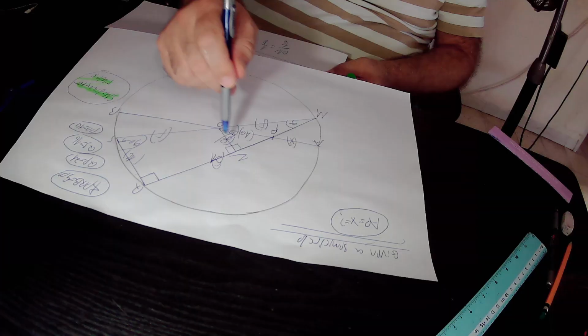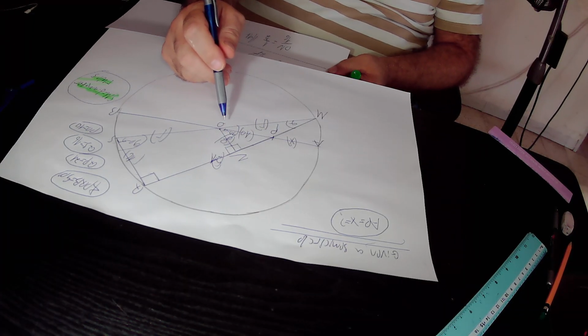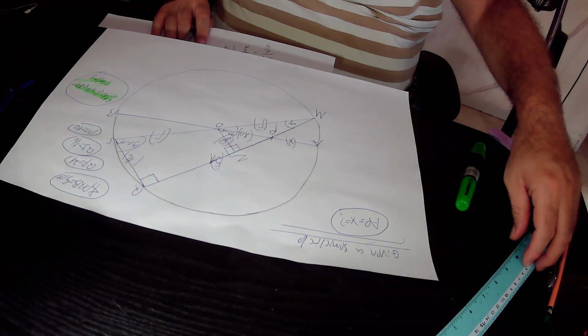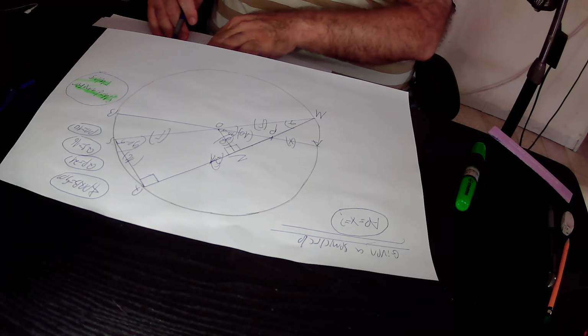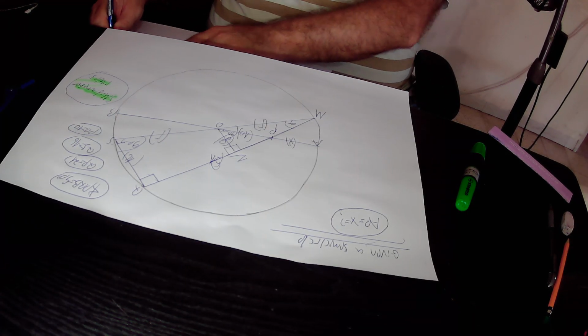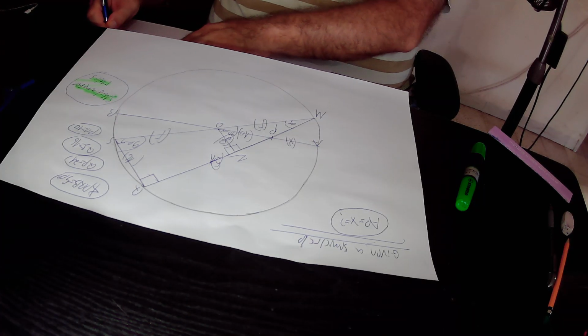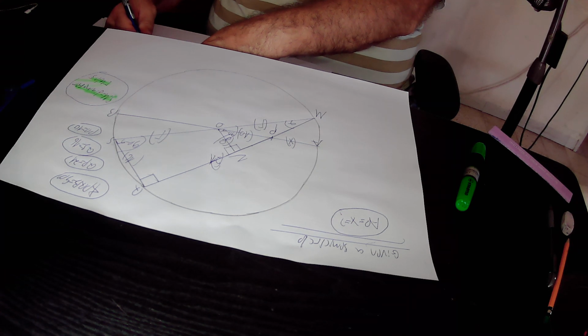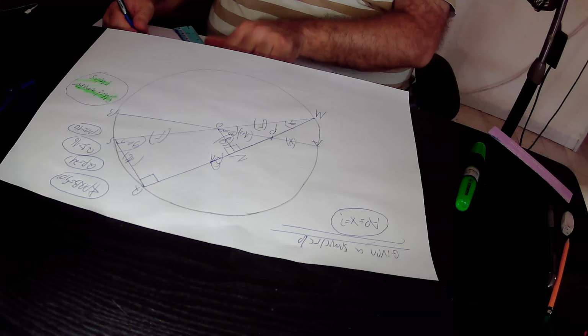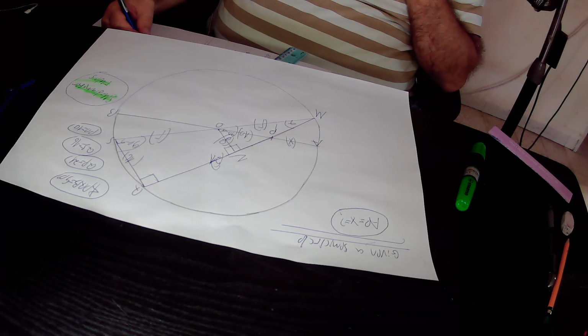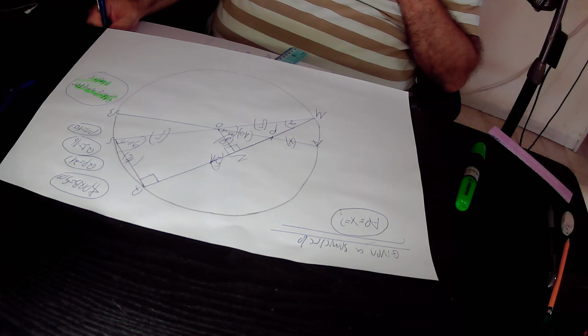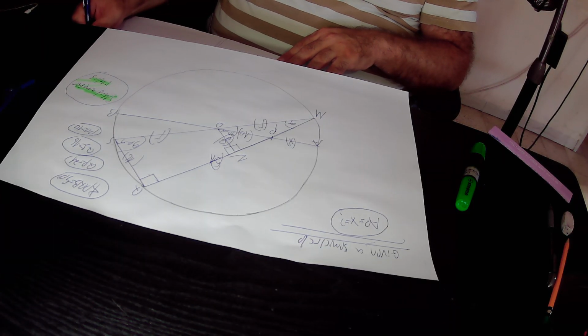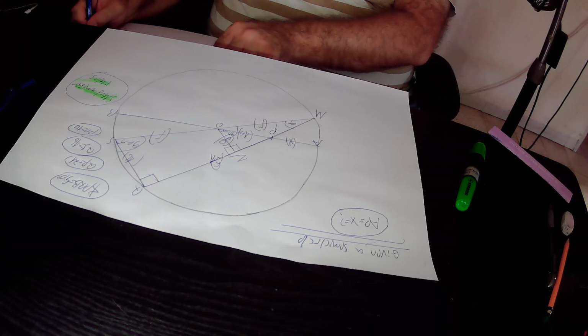So I'll copy the small right triangle ONP in a new page, and we will implement on it the Pythagoras theorem.